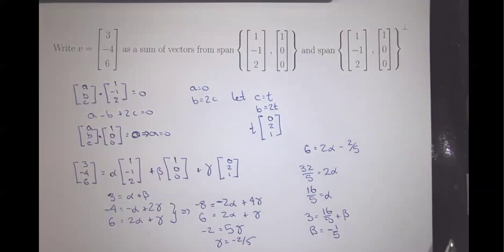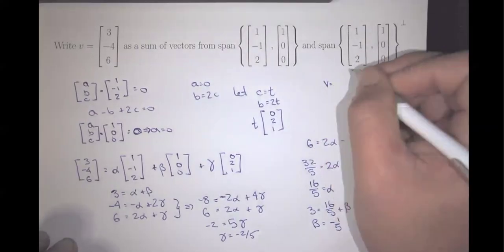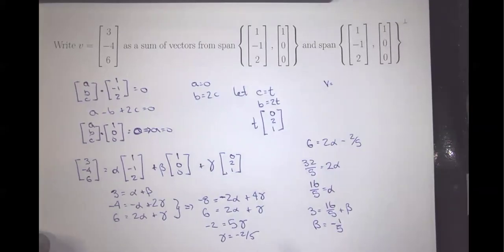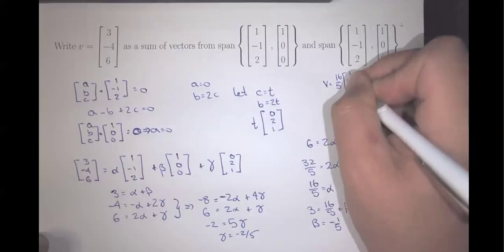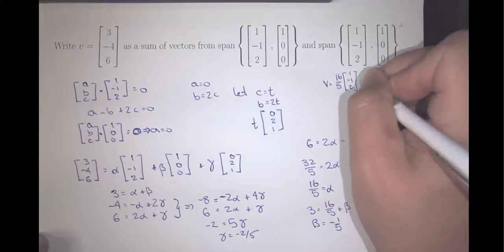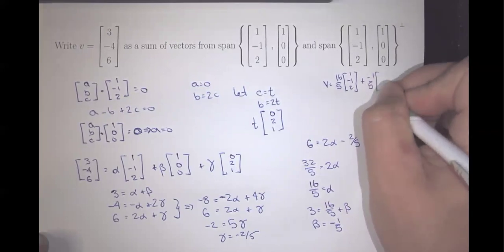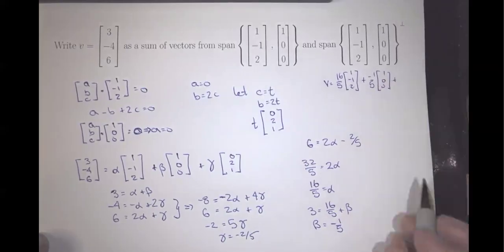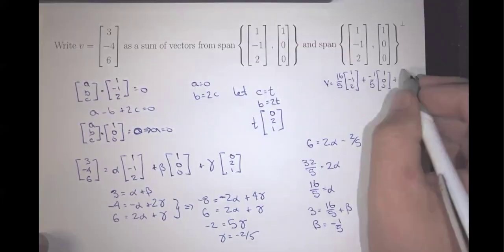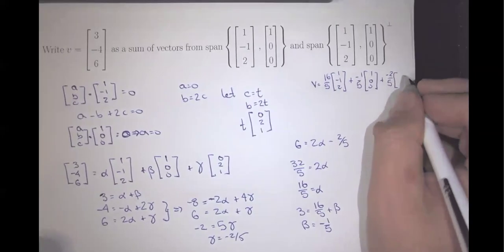Okay, so how do we write V as the sum of these vectors? V is going to be 16 over 5 times 1, negative 1, 2, plus beta, negative 1/5, times 1, 0, 0, plus gamma, which is negative 2/5, times 0, 2, 1.